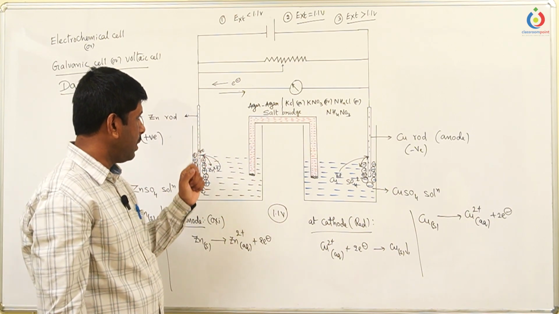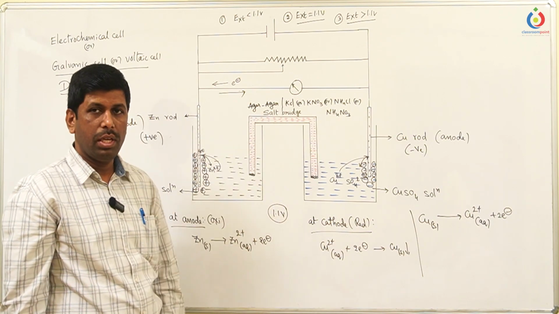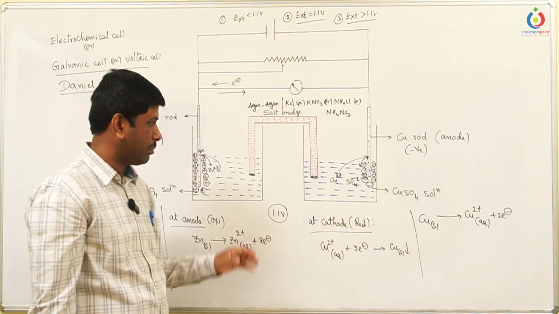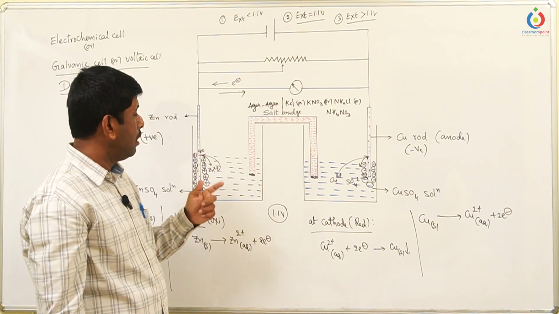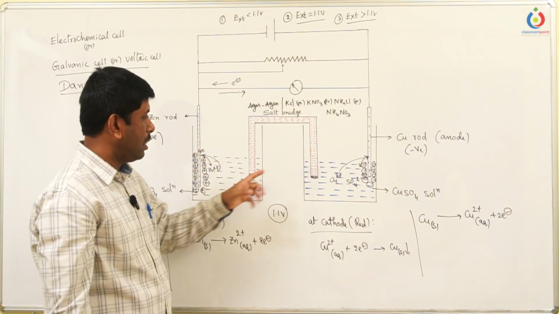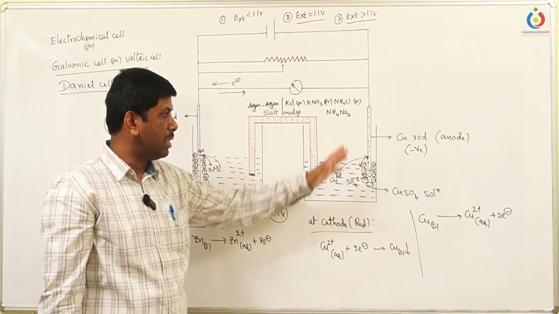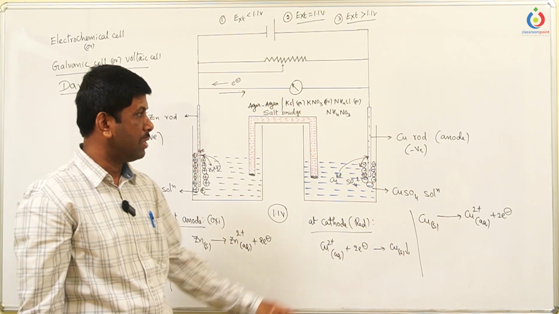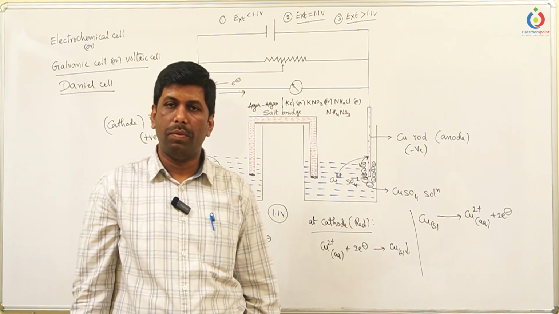So when this is happening, whenever you connect, electrons automatically start flowing from the anode to the cathode in the normal Daniell cell. Over a period of time in the normal Daniell cell, the zinc rod dissolves and the copper rod size gradually increases. Why? Because Cu2 plus ions start depositing over the surface of the copper rod. So this is about the Daniell cell's normal functioning.